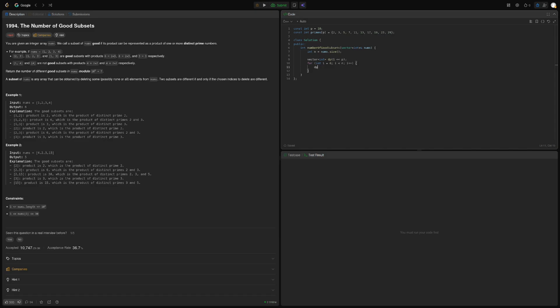dp, and we go through all masks. So for int mask, first we calculate its mask.